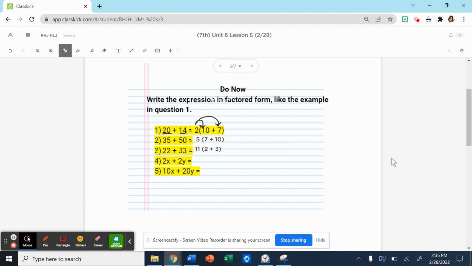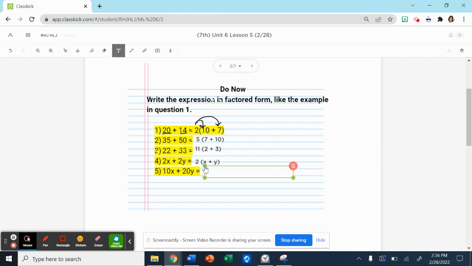In questions 4 and 5, my work changes slightly because now I have variables. I know that I am multiplying x and y times 2, which means I can pull the 2 outside of my parentheses and multiply 2 times x plus y for 2x plus 2y. I'm multiplying 2 times both variables in my expression.